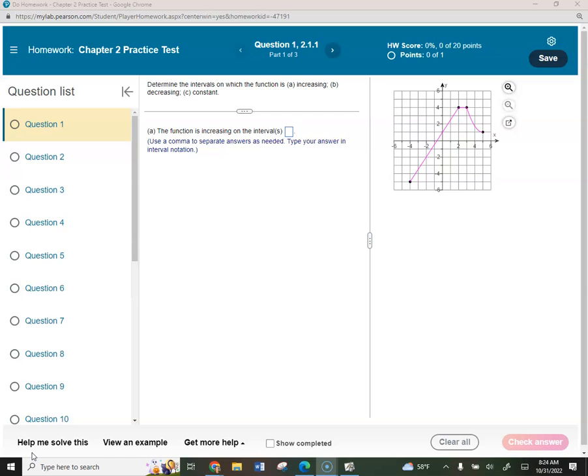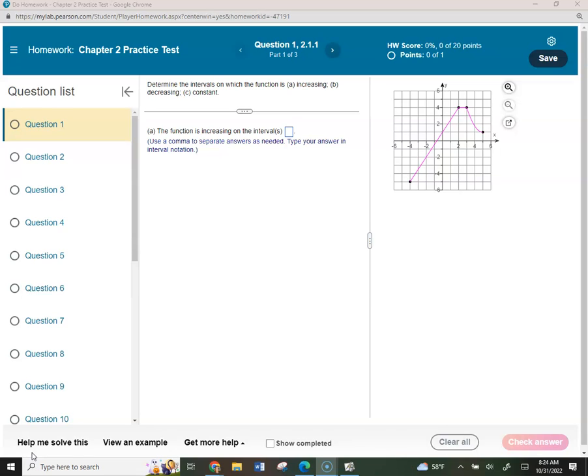So number 1's asking me, determine the intervals on which the function is increasing, decreasing, and constant. You need to remember that intervals of increasing, decreasing, and constant are separated by commas. If you forget that, it says it in blue.